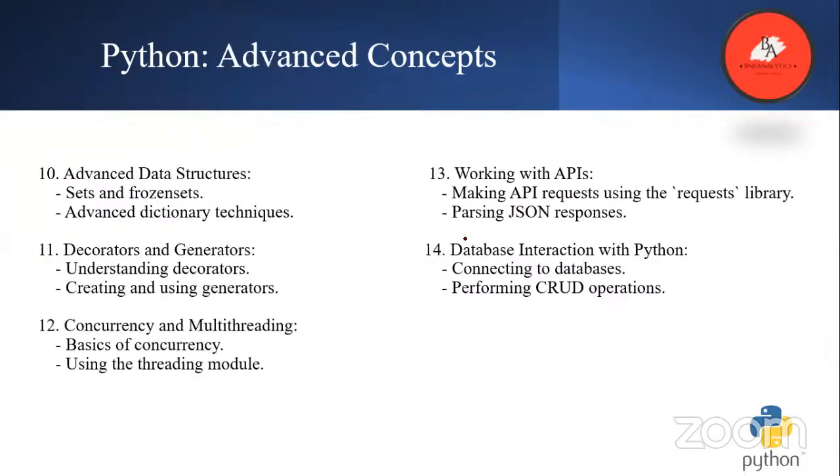So in advanced concepts, you need to understand the advanced data structures, decorators and the generators available in Python, concurrency and multi-threading, basics of concurrency and using the threading modules, working with APIs, database interactions with Python, connecting with different databases, performing the CRUD operations: create, read, update, and delete functions.